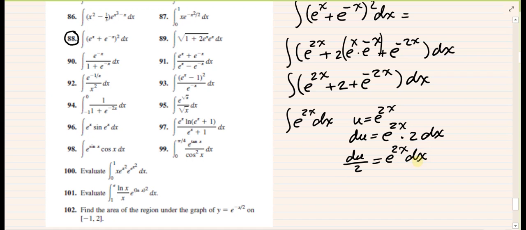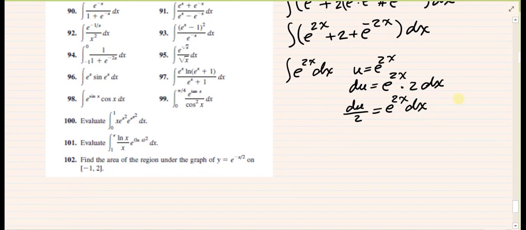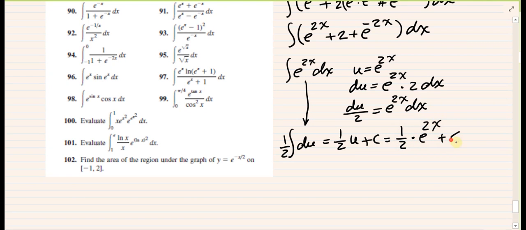And we can now rewrite e to 2x dx as 1/2 du, right? That's what that is. And the integral of du is just u plus a constant, so it's going to be 1/2 times e to 2x plus a constant. That's just the integral of e to 2x. We'll do the same thing for e to negative 2x. Likewise, you're going to get a similar expression, except the 1/2 that we have in front becomes negative 1/2.